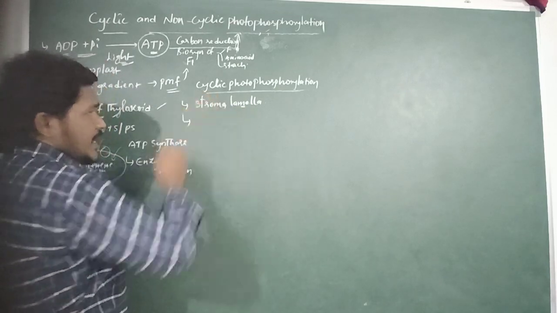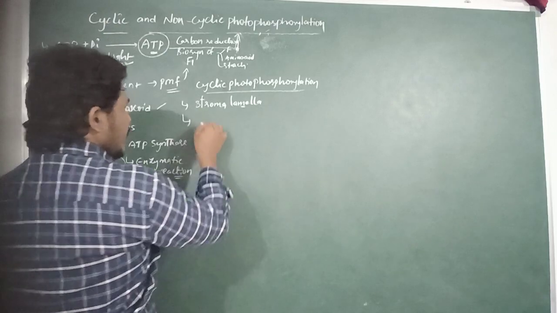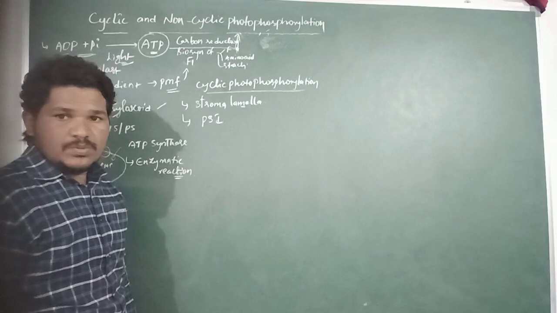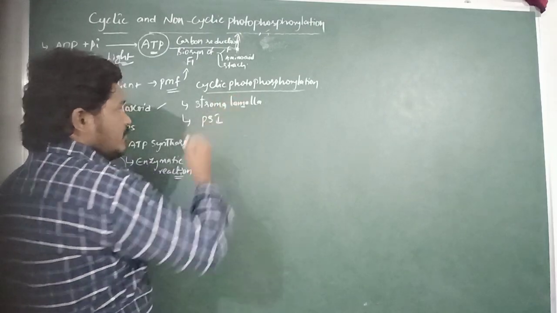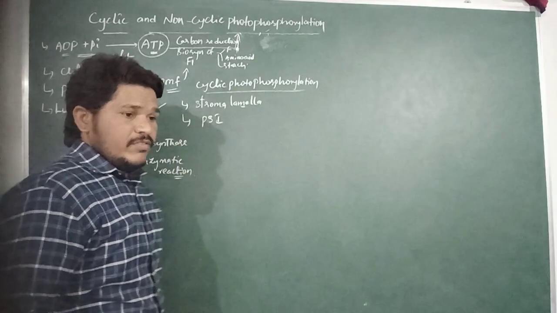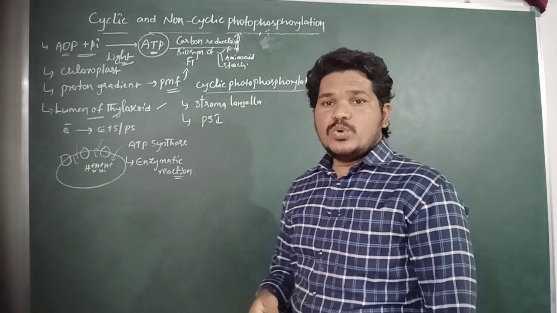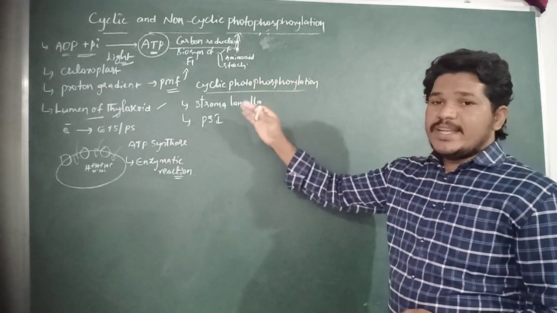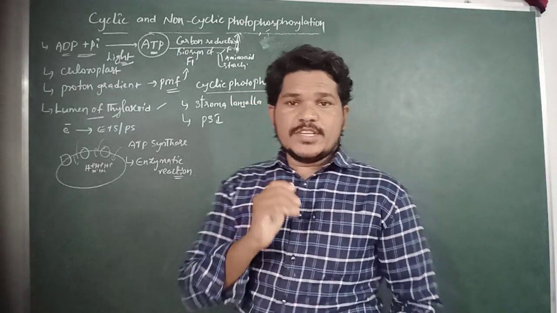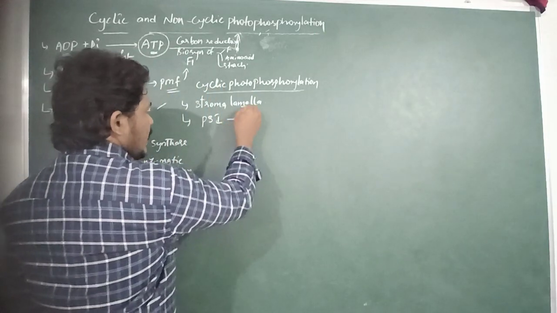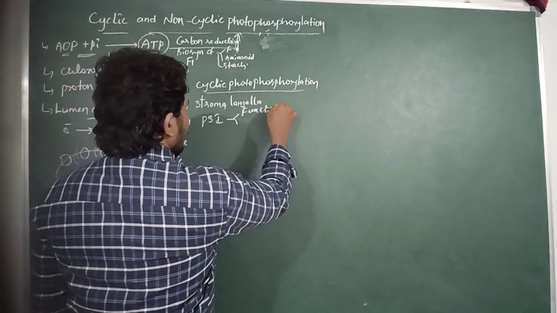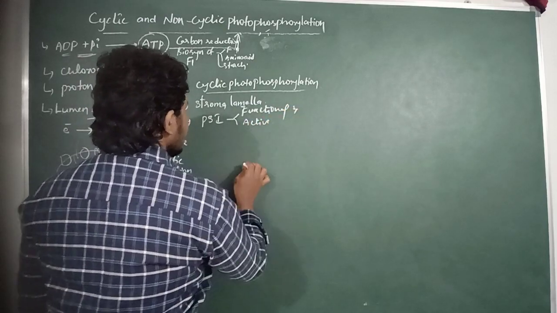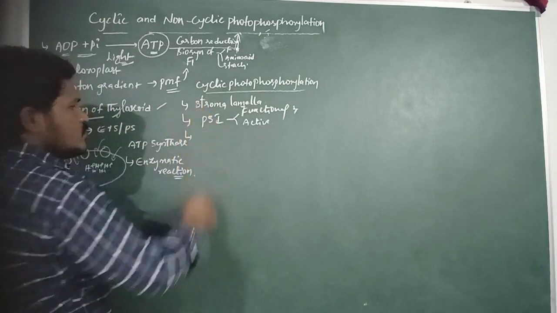In cyclic photophosphorylation there is only involvement of photosystem 1 but not photosystem 2. It lacks photosystem 2 and NADP plus reductase. Photosystem 1 is the only one involved because it is the only functional and active one.